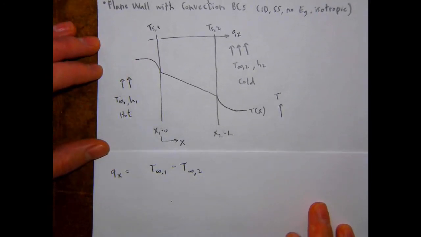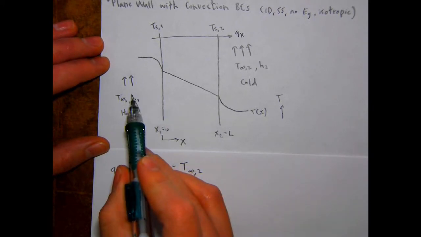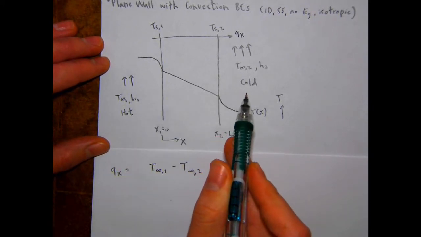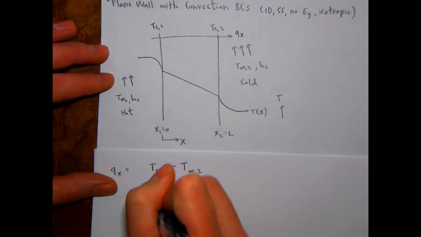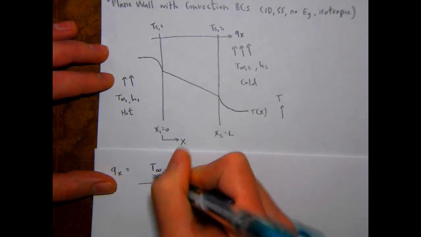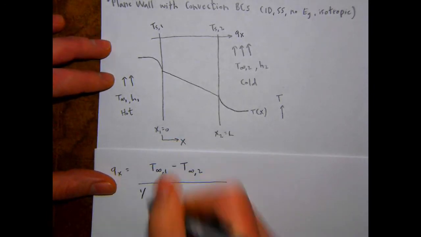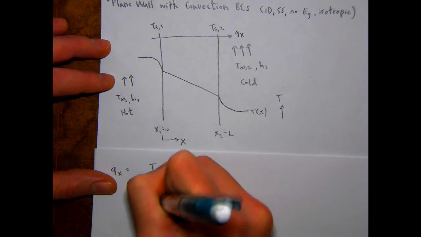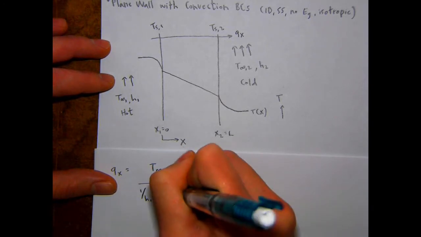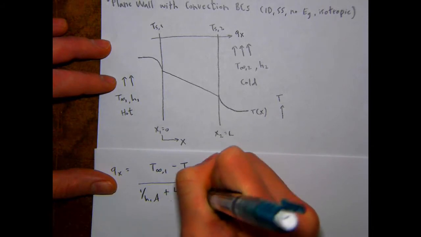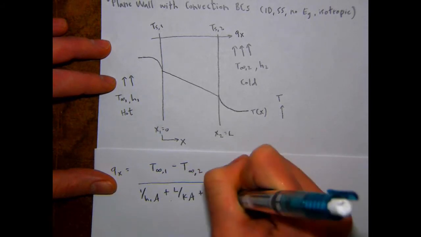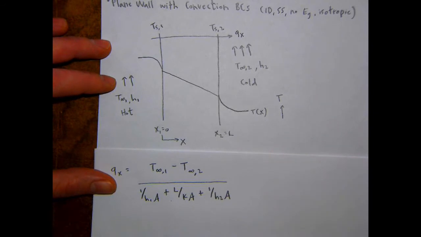Notice we're doing 1 minus 2 without the negative because we've distributed the negative through, over the sum of all of those resistances: 1 over H1A plus L over KA plus 1 over H2A.